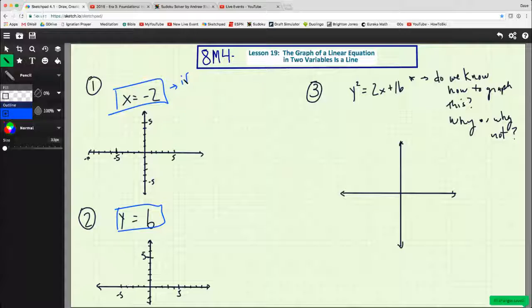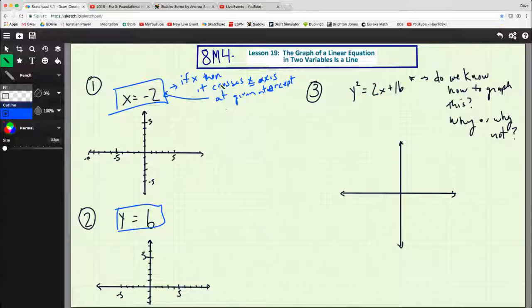if it's X, then it crosses the X axis at that given intercept.